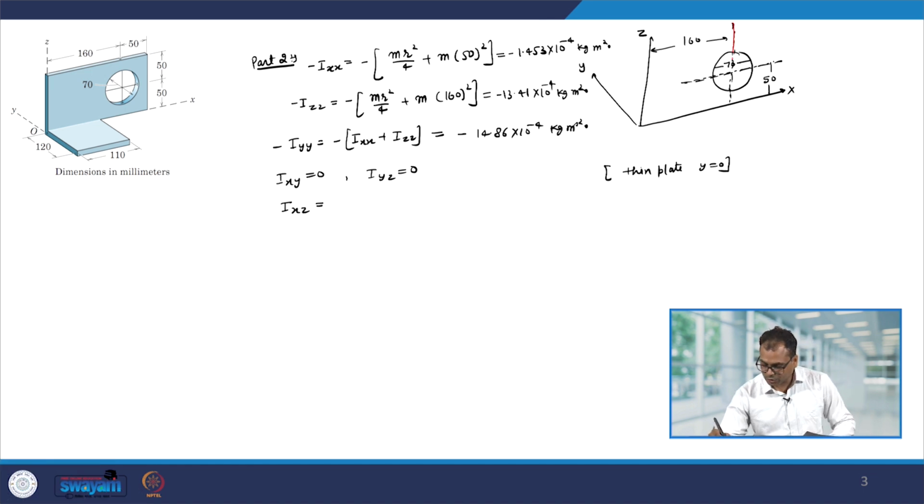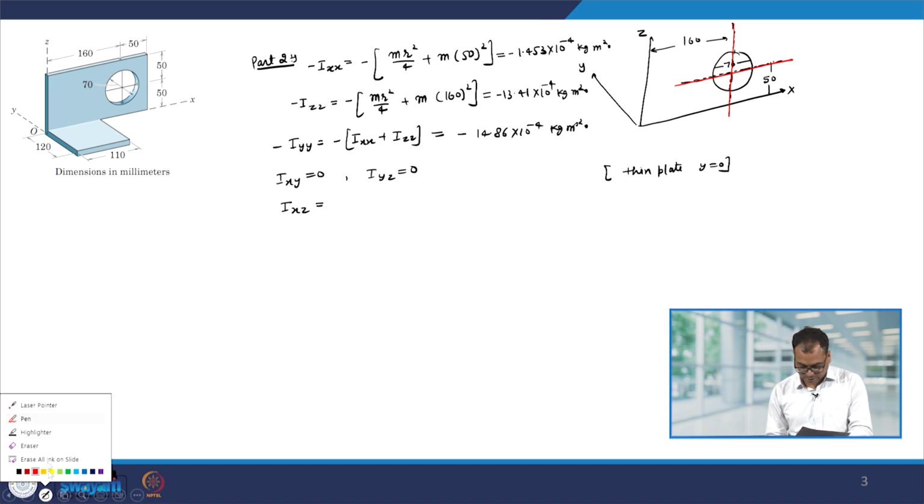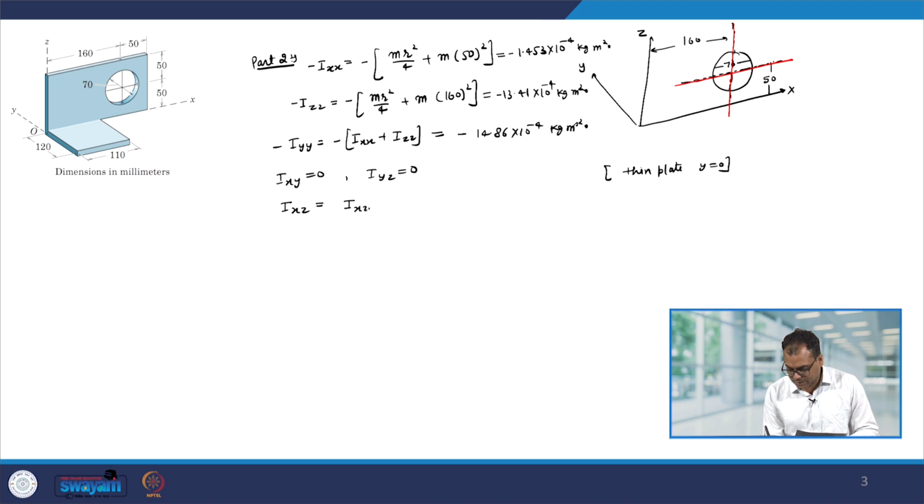For that, we should know the product of inertia about the axis marked by the red, and let us say it is equal to Ixz bar plus m into 0.16 into 0.05. Okay, so minus, that will be minus.